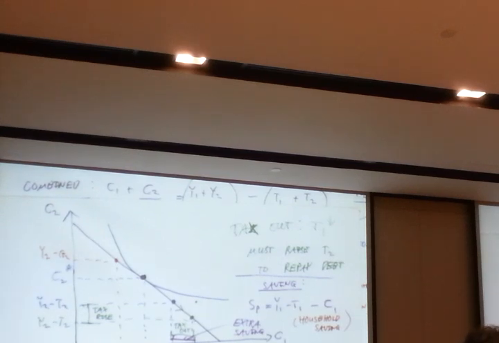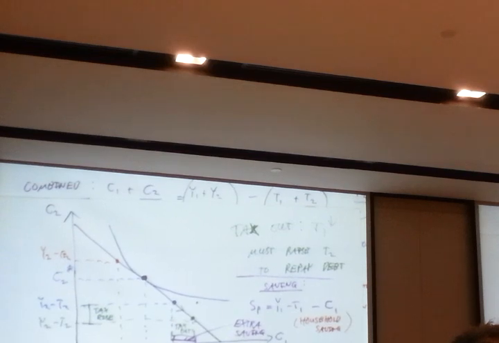Household saving, the SP, plus any government saving. So in our case here, national saving is Y1 minus T1 minus C1, the private saving part, plus government saving, that's the opposite of the government budget deficit, so T1 minus G1.